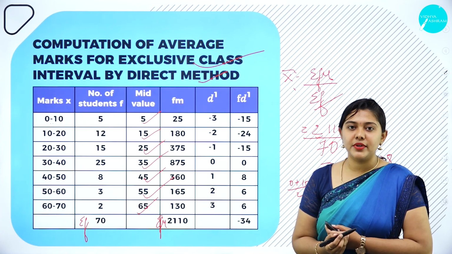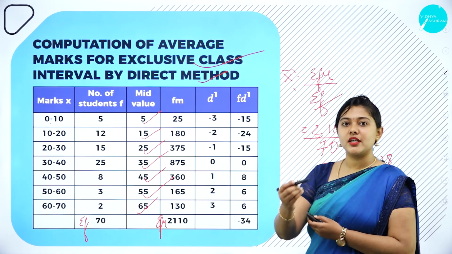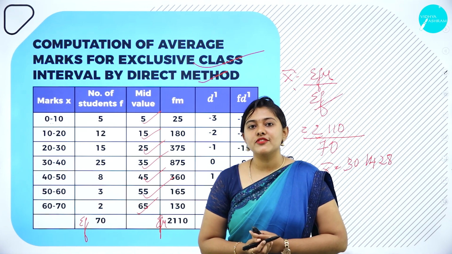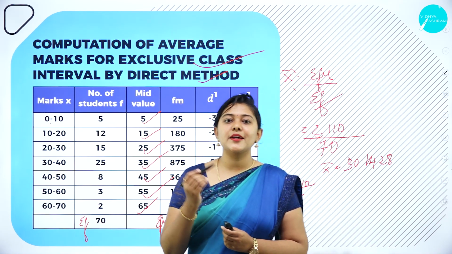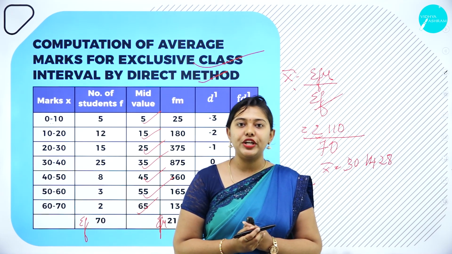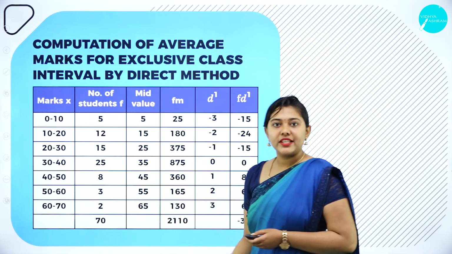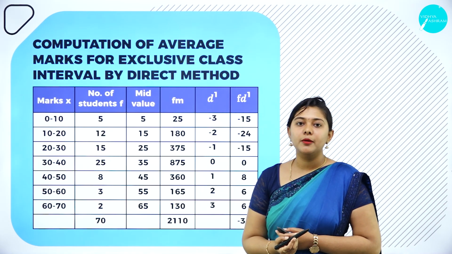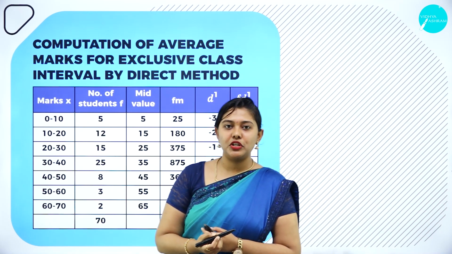So how to solve by using the step deviation method? The formula, as I have taught you, what is the formula for step deviation method? A plus sigma FD dash divided by sigma F into C. So let's solve the same example by using the step deviation method.